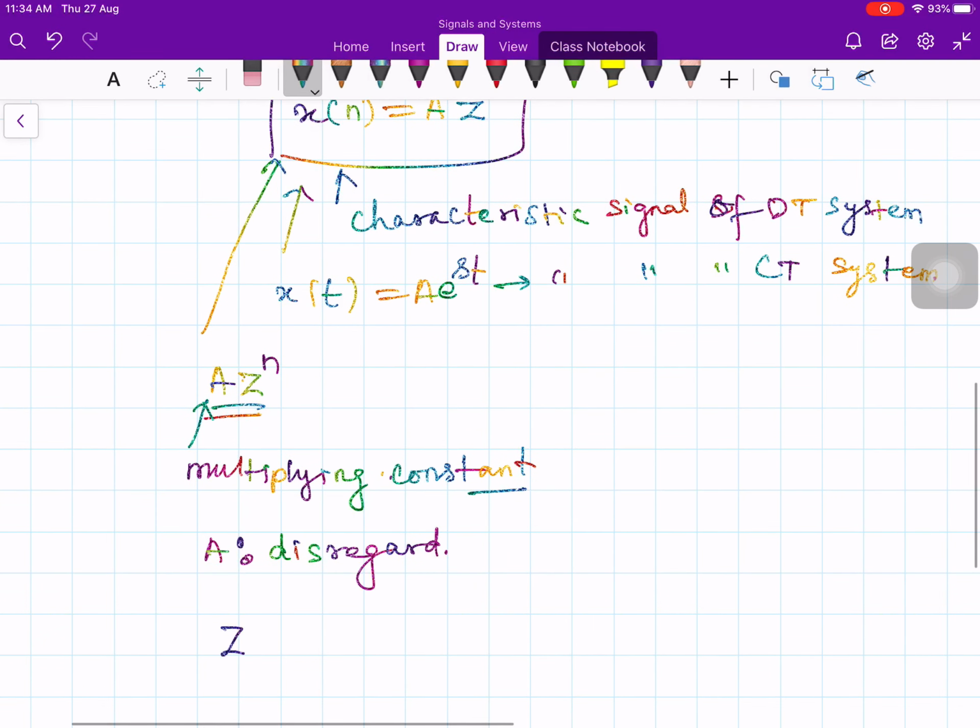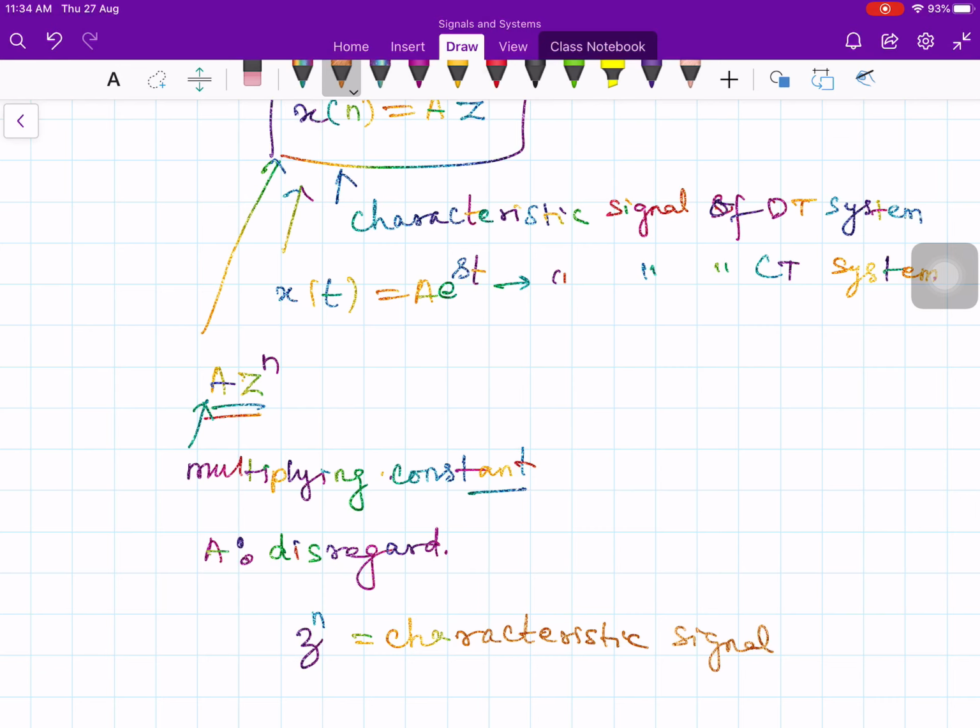Therefore, z to the n, by the way it is not capital Z, it is a small z, let me put this notation, z to the n is the characteristic signal.